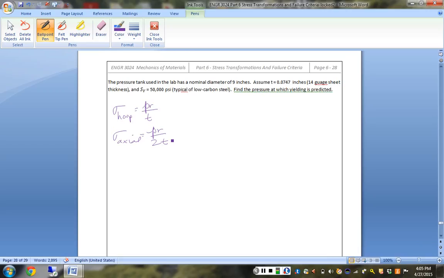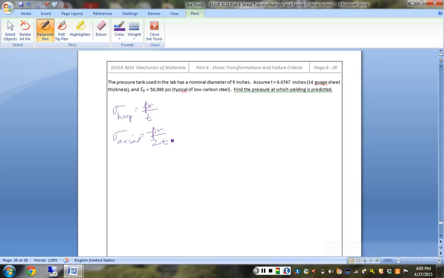So this way, we've got hoop in one direction, axial in the other. And if we need to think about this in terms of principal stresses, what do we got going on? What's the third principal stress? Sigma C is always, so we know that there's a third one floating out there, it is 0.